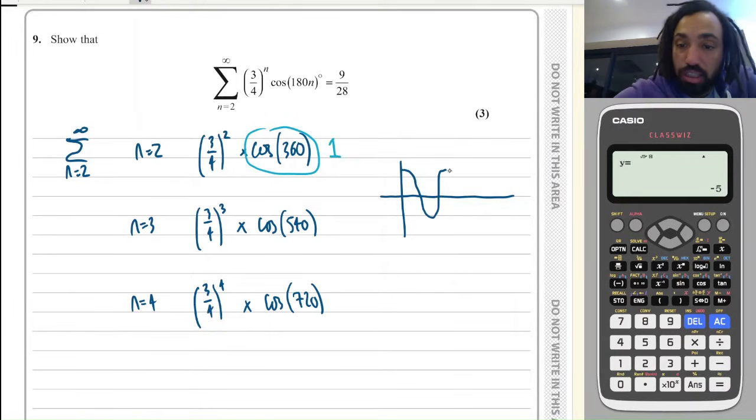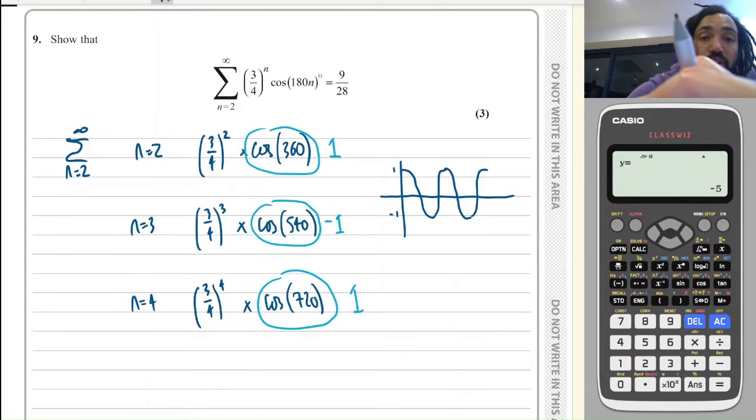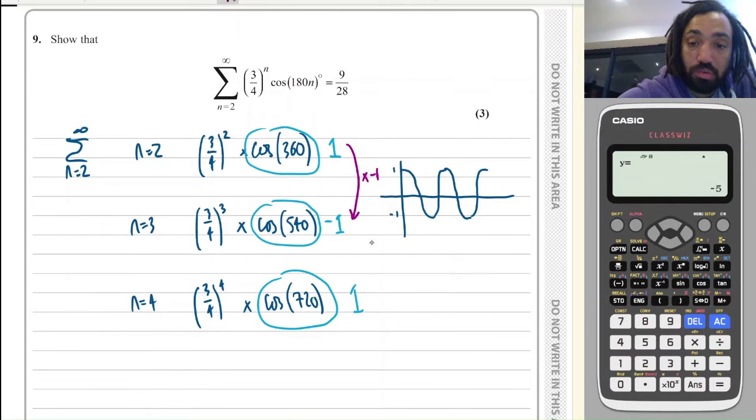The next, that's 540, and that's minus 1. So this one over here is minus 1. And then if we go up to 720, we're going to be back at 1 again. So it's going to fluctuate like this. So essentially, to get to the next one, we're just timesing by minus 1.